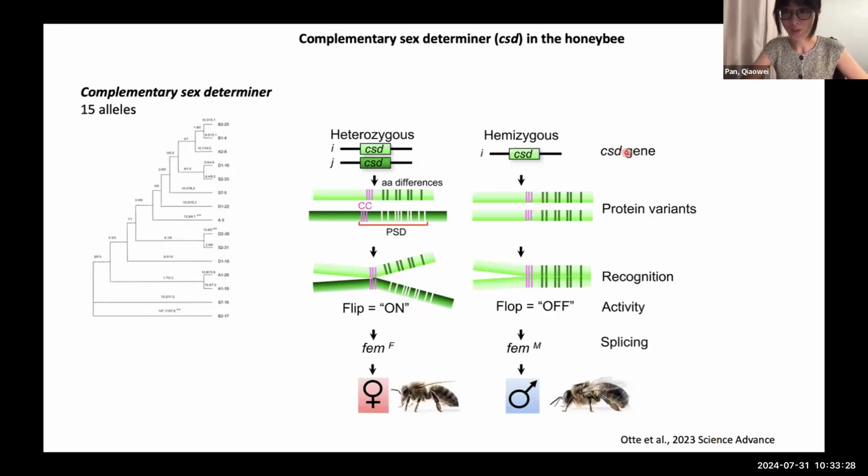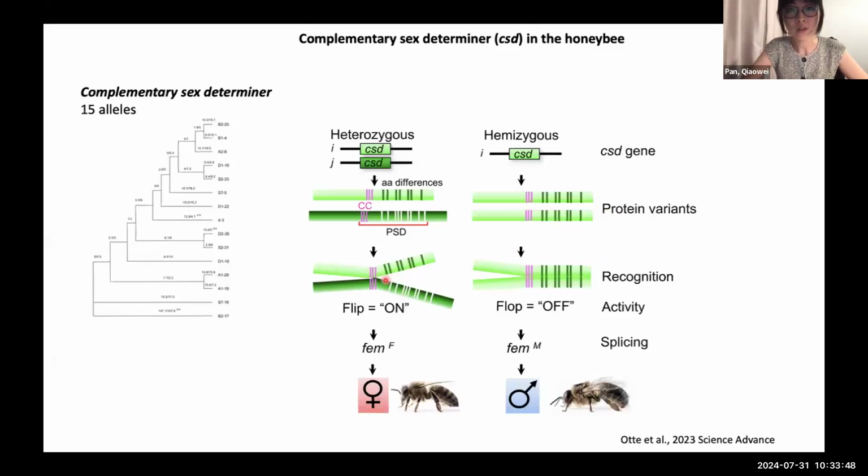This gene is a protein coding gene. In heterozygous individuals, there will be two different protein variants that form a heterodimer. In homozygous individuals, which include the haploid individuals, there will be only one protein variant, and in that case they will form a homodimer.